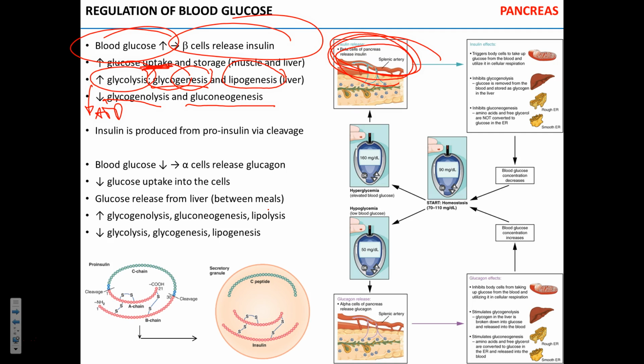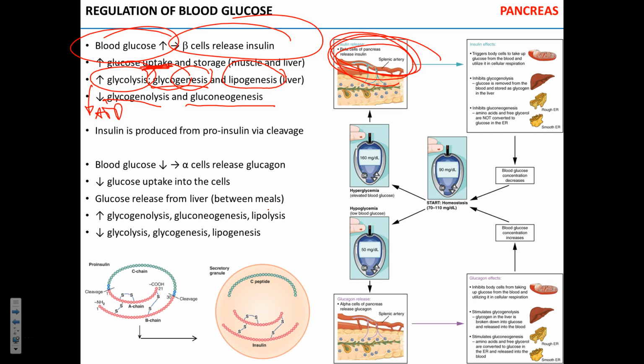Does that make sense to you, why they are down? Do you see why they're down? If you have a lot of glucose incoming from the food, constantly flowing in, do you need to make more yourself? No, right? You don't have to.